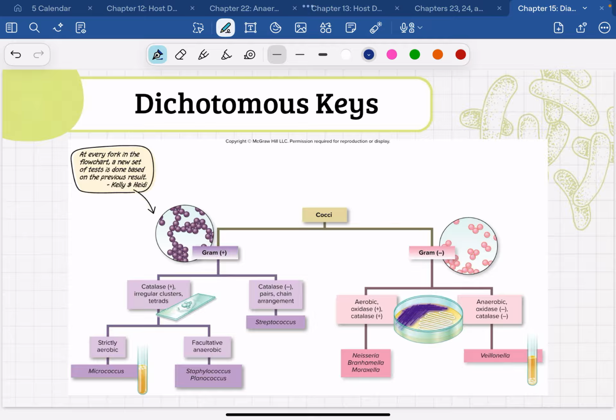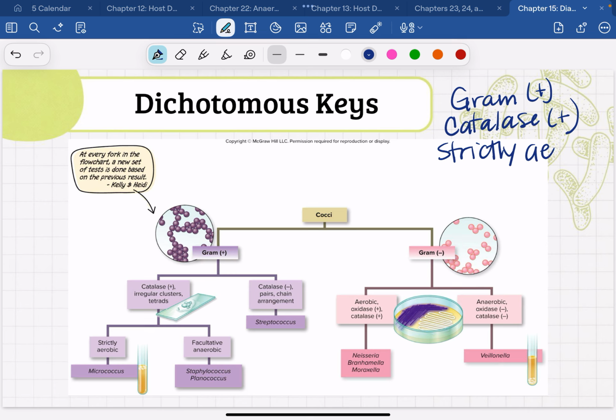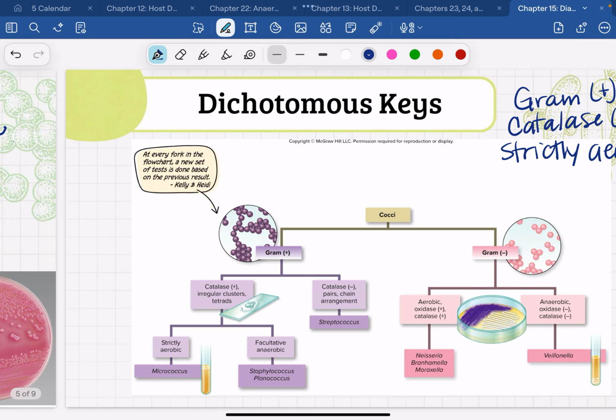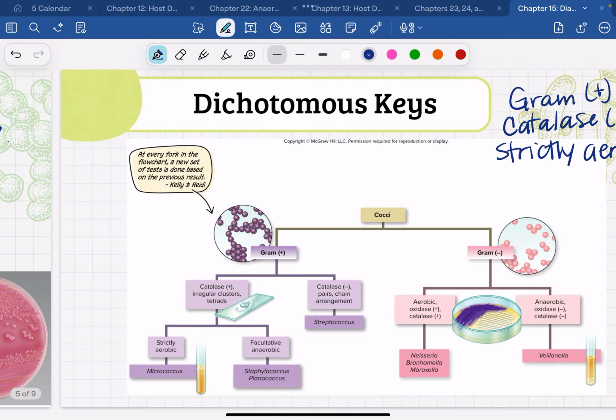But if I give you this dichotomous key, and I say you have an organism that is gram positive, catalase positive, and strictly aerobic, what is the genus of that organism? Think about it for a sec.